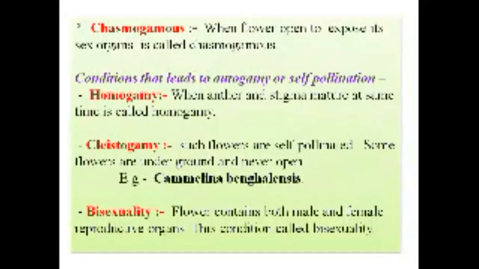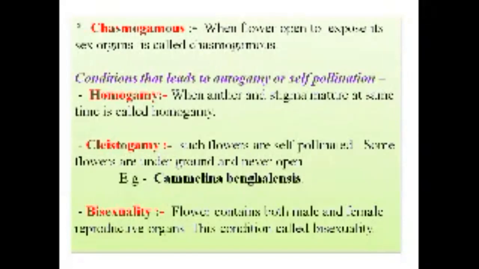Then see what is a chasmogamous flower. When a flower opens and exposes its sex organs, it is known as chasmogamous. The next point is the conditions that lead to autogamy or self-pollination.